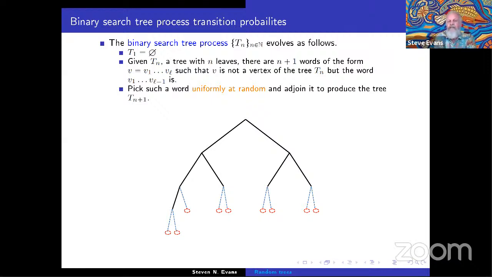And it's an exercise to show that the dynamics of Tn are the simplest possible ones imaginable, namely that you just pick from one of those neighboring empty vertices uniformly at random. So that's the way that the binary search tree grows.